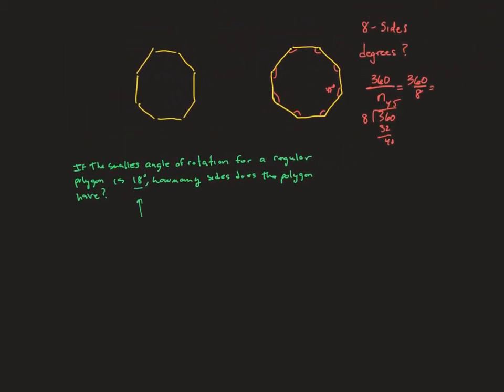Here we had 8 sides. The rotational degree here was every 45 degrees, because 360 divided by 8 was 45. And so that meant every 45 degrees, it will rotate back onto itself.